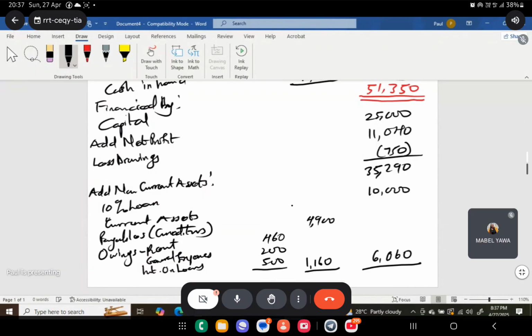And when we add all the three, that's the equity or the capital, the non-current liabilities, sorry, it should be non-current liabilities, not non-current assets, and the current liabilities, we should get what our total assets is.